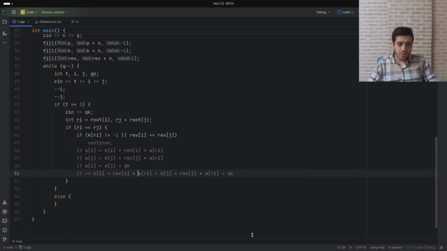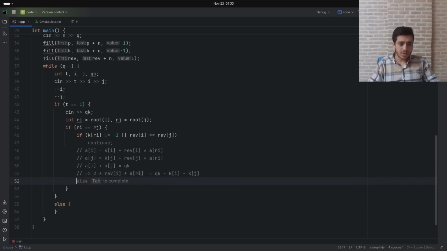So we can write like this. So this is like this.